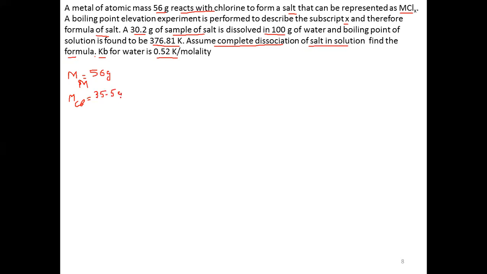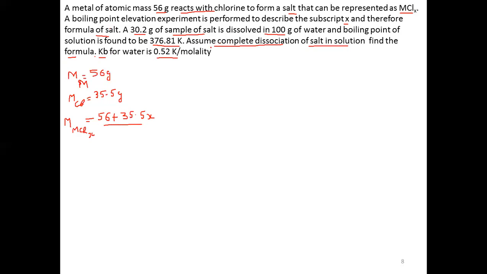So if the formula for the solute is MClX, its molecular weight is equal to molecular weight of metal, which is 56, plus X times molecular weight of chlorine, 35.5X. So this is the molecular weight of this compound MClX.